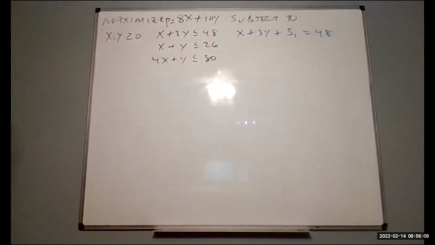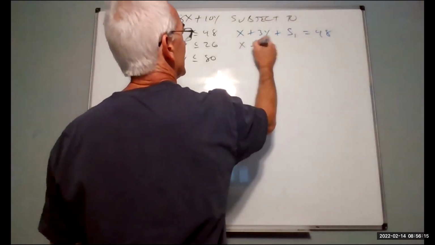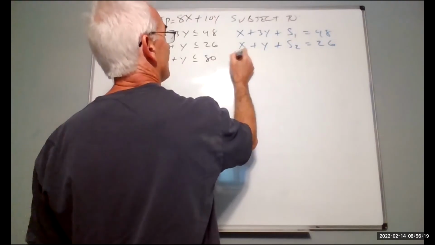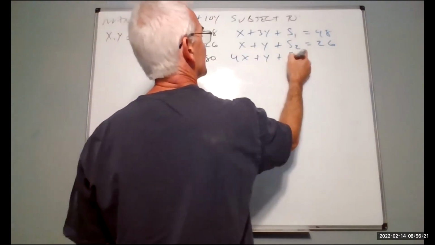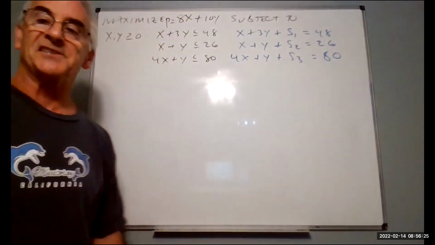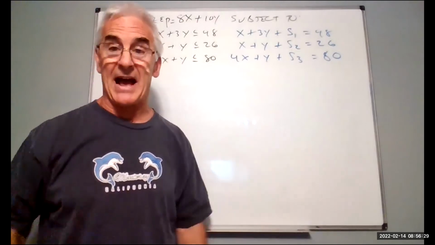Now, S1 could be 0, S1 could be positive, S1 cannot be negative. x plus y plus S2 equals 26. 4x plus y plus S3 equals 80. The S's are called slack variables. They're the variables that basically take up the slack.